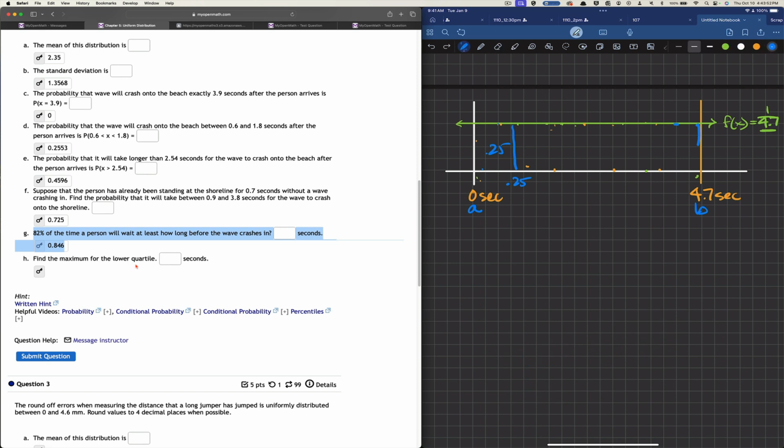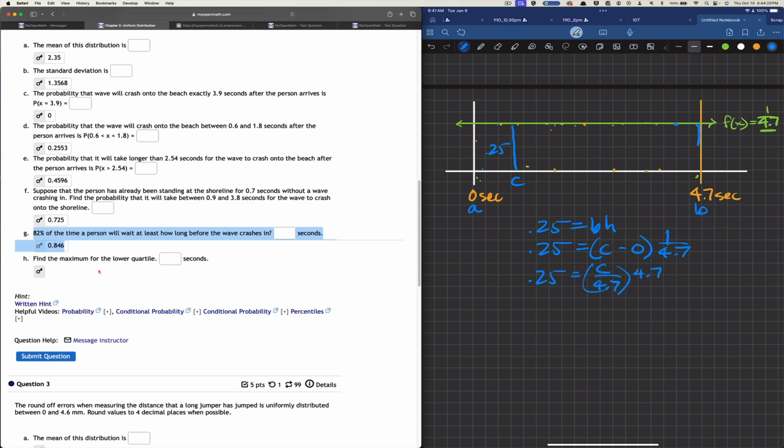But I'm guessing that if the person put this question above that, the G would be wrong every single time, because people would just do that math. So I'm going 0.25 equals base times height. Oops, that's mislabeled. We don't know what that is. Okay, 0.25 equals C minus 0 times the height, 1 over 4.7. 0.25 equals C over 4.7.